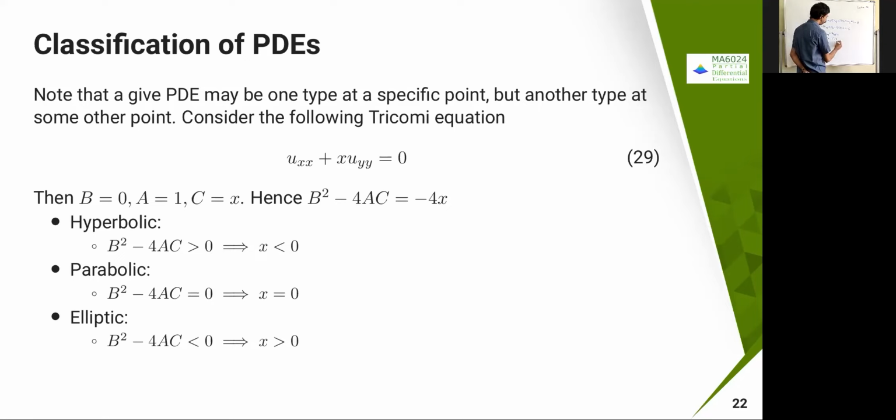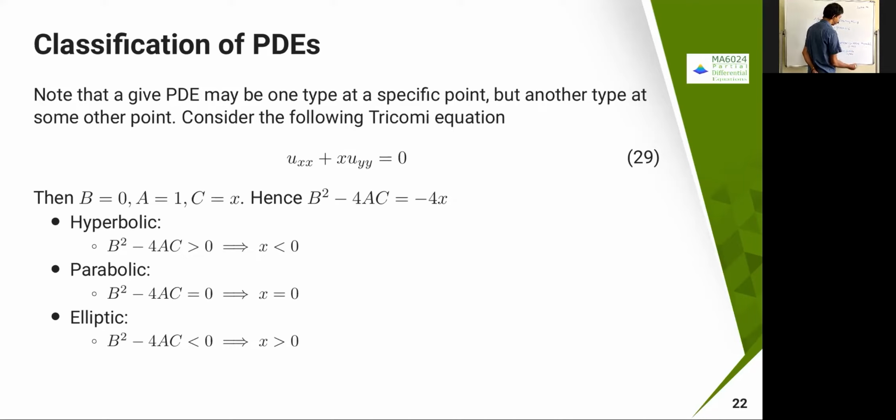If b square minus 4ac is greater than 0, then I can say that this is hyperbolic. What does it imply? Minus 4x greater than 0 means x is less than 0, then it is hyperbolic. Similarly, if b square minus 4ac is equal to 0, then minus 4x equal to 0, which implies x equal to 0.